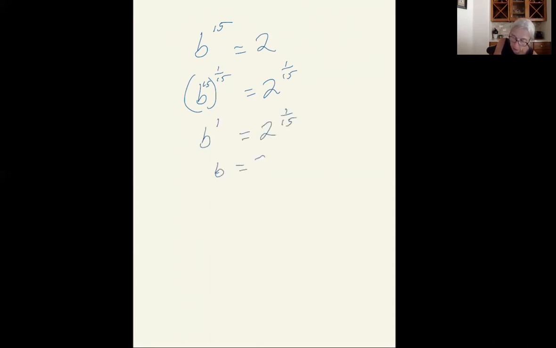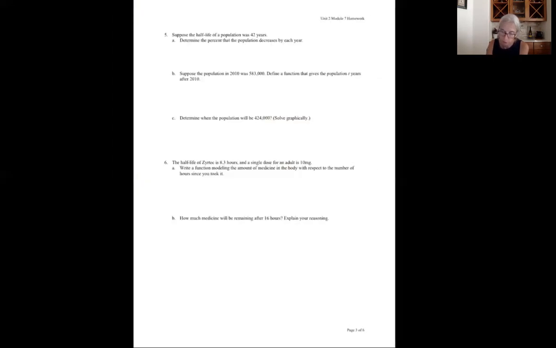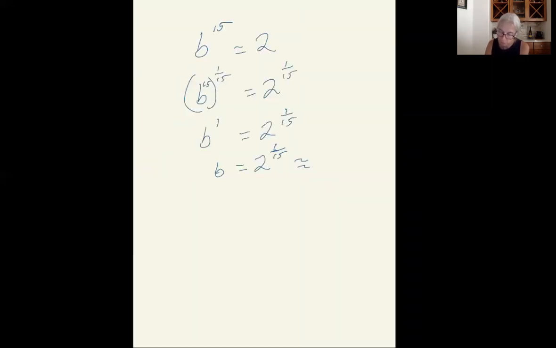So B is 2 to the 1/15th. All right, let's see what that approximates to. I'll pull up Desmos for that. If I take 2 and raise it to the 1/15th power, I find that it is approximately equal to 1.0473.